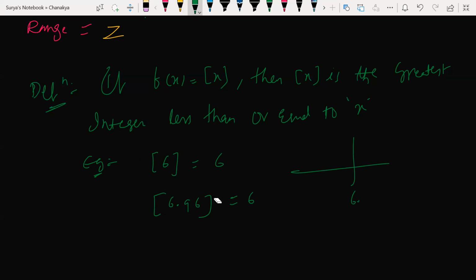Getting my point? 7 is here, you have to take less than. I'm saying less than or equal to x. It can be equal if it is 6. If it is a non-integer like this, then you have to take the left side integer. Understood my point? What is the integer on the left side of 6.96? 6 is my integer, that is the greatest one.